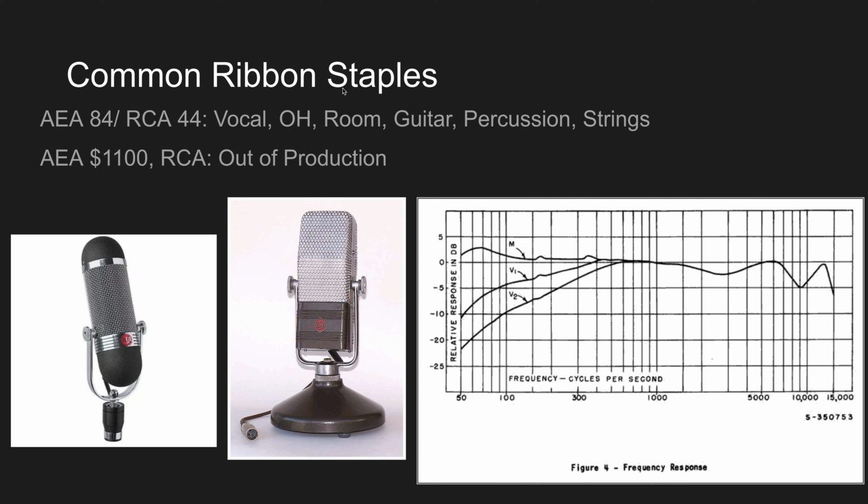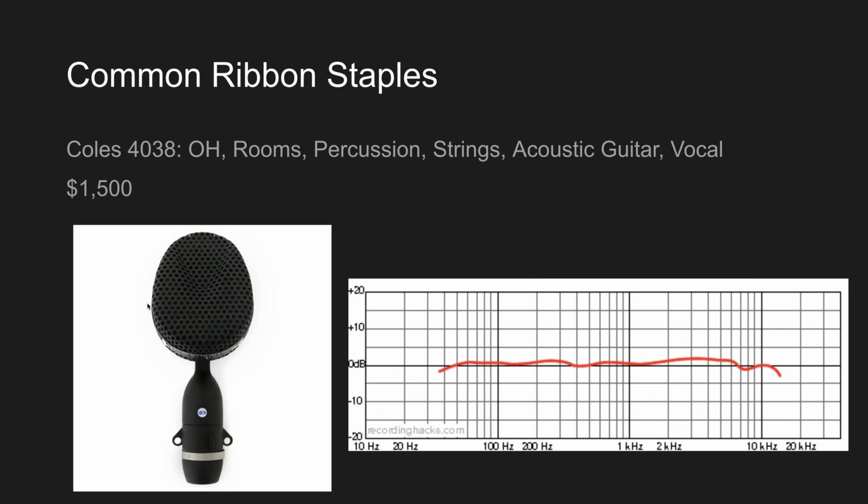It sounds good on vocals. Really, drum overheads and drum rooms are where these shine, or piano, percussion, things like that. The next kind is the Coles 4038. This is a British company, and these have been around forever, and they're still making them.